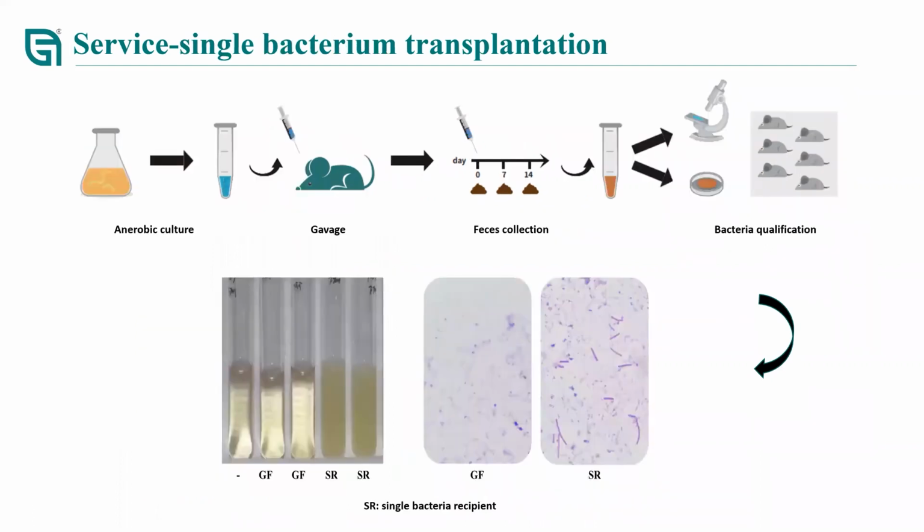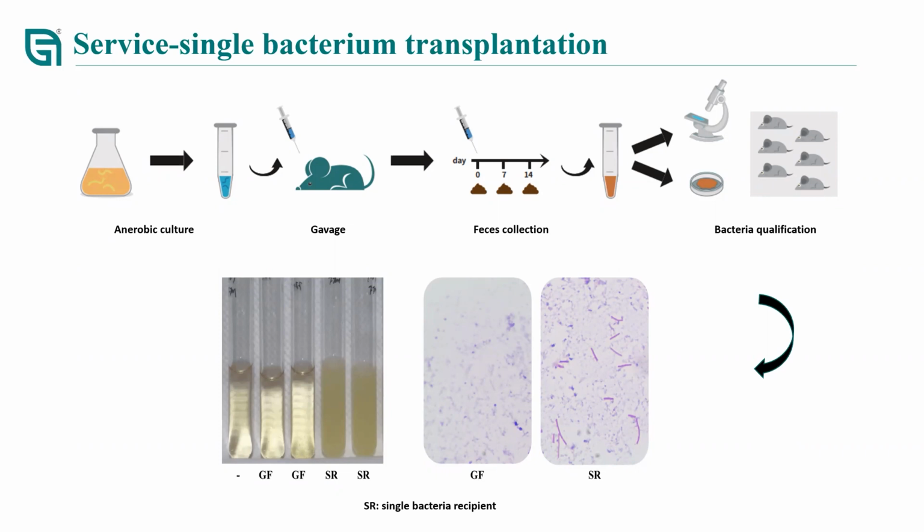Next to that, single bacterial colonization is also performed by us a lot. Compared to fecal microbiota transplantation, the process is relatively simple, but the germ-free environment maintenance is much more strict. In brief, the bacterial strain is recovered by anaerobic culture, after which it is administered to germ-free mice by gavage.